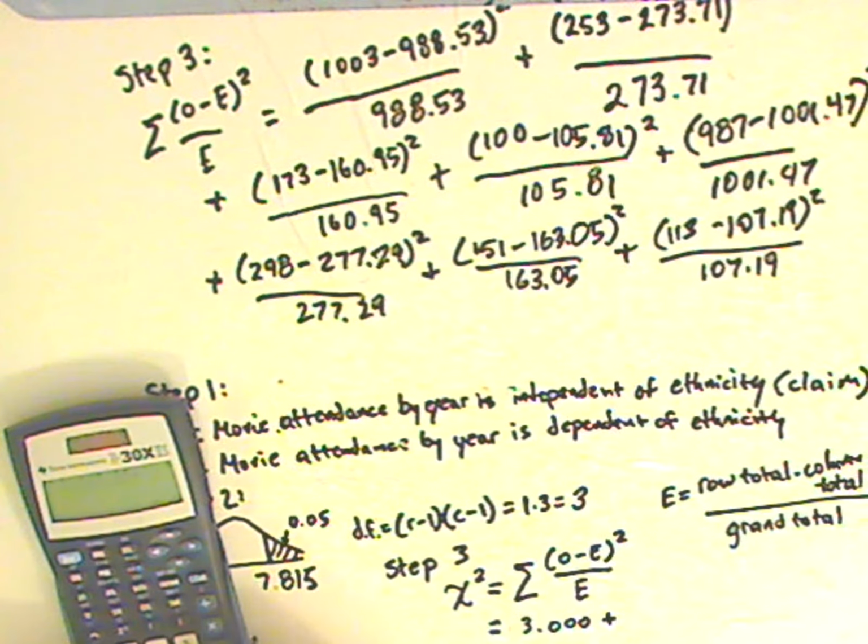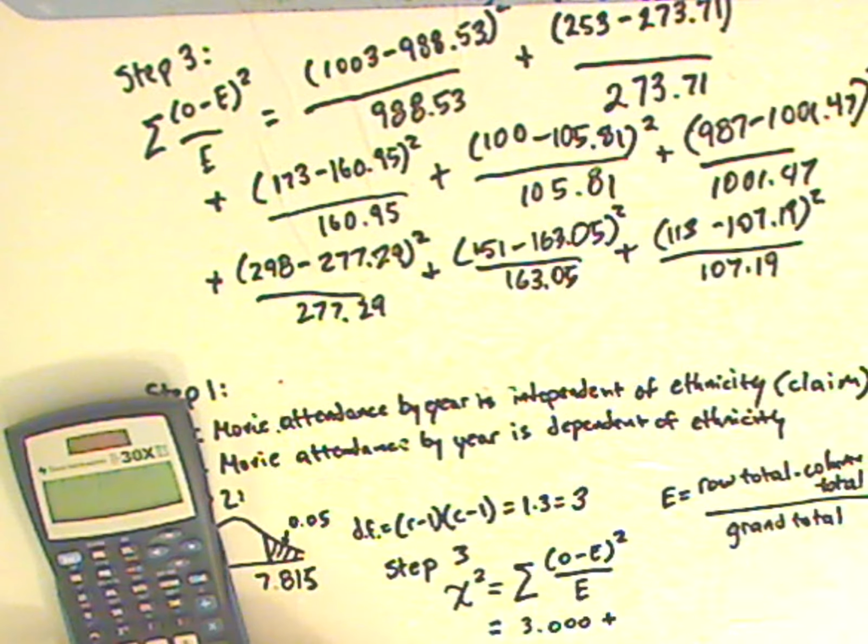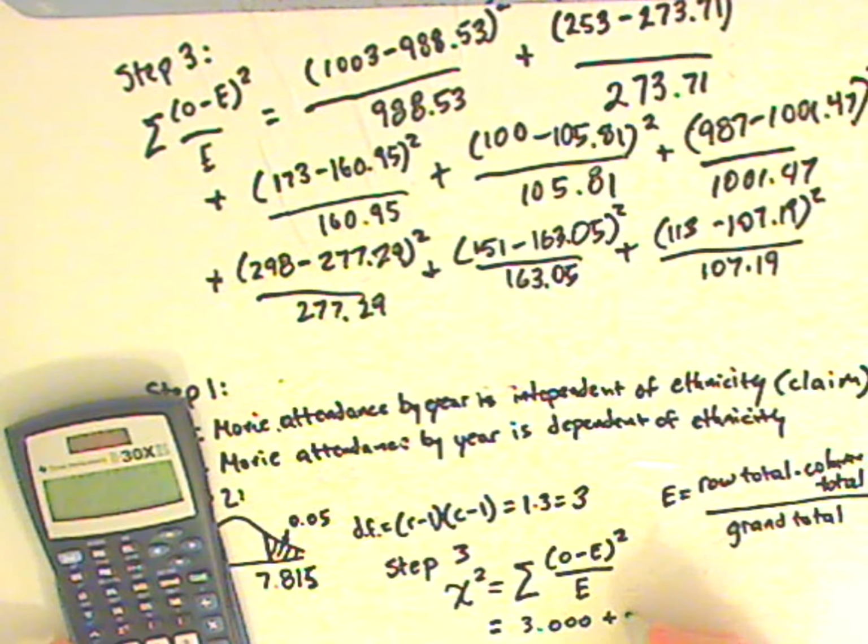plus parentheses 113 minus 107.19 close parentheses squared divided by 107.19, and I get approximately 2.961.